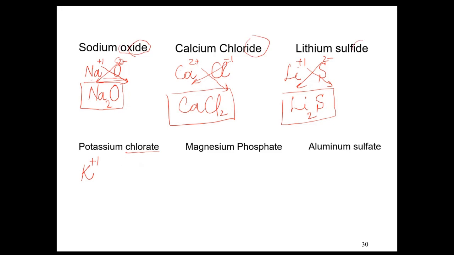If the name of the compound ends with IDE, it means this element will be present in your periodic table. There are some exceptions we shall not discuss, because hydroxide and cyanide end with IDE, but these are not present in your periodic table. But here, chlorate, phosphate and sulfate are not present in your periodic table.